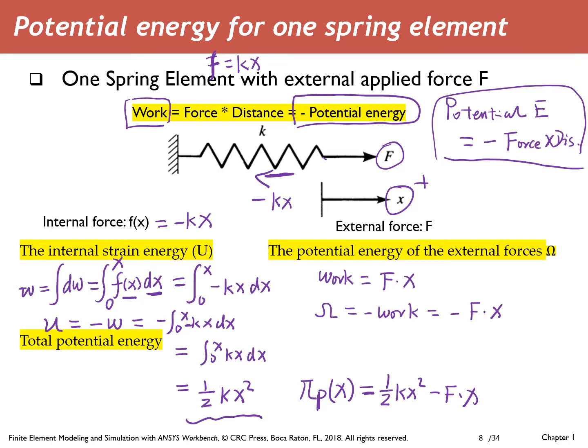Right, once we get the total potential energy, recall that FEM is based on the principle of minimum potential energy, meaning the equilibrium status of the structure is when this potential energy reaches a minimum.